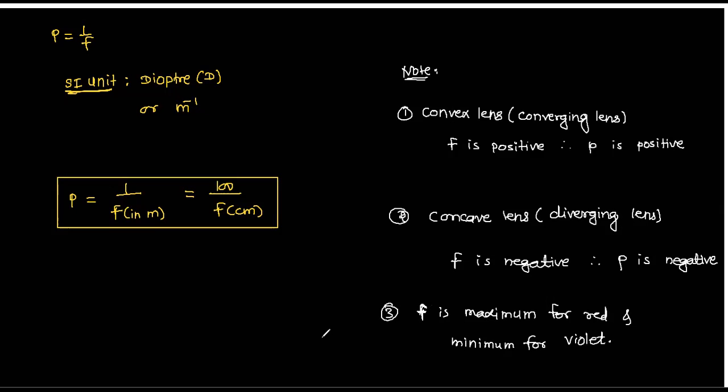Understand? Focal length is maximum for which color? Red color, and minimum for violet color. So obviously power will be minimum for which color? Reciprocal, no? So minimum for red and maximum for violet. Reverse. Power is reciprocal of focal length. Keep it in mind.